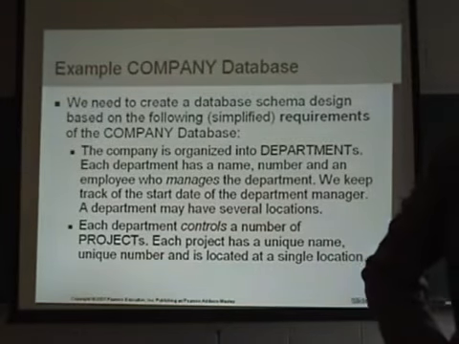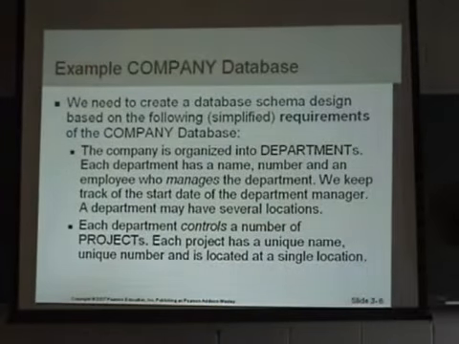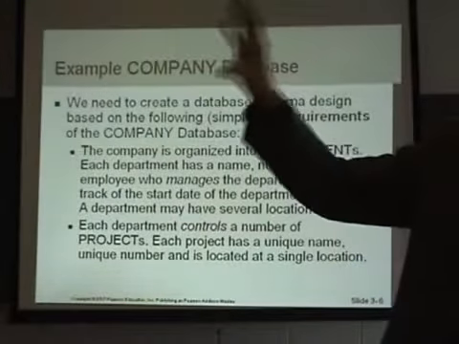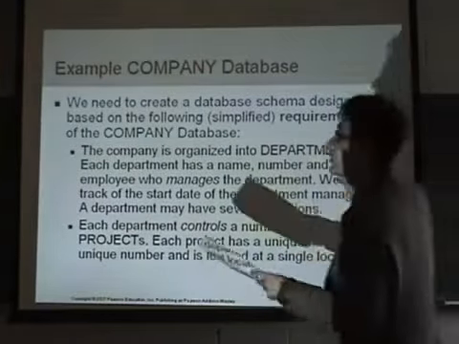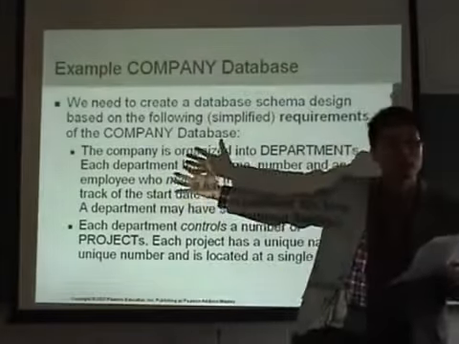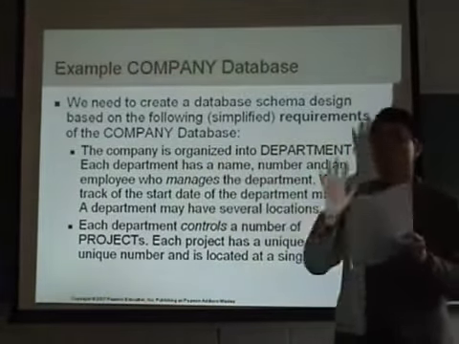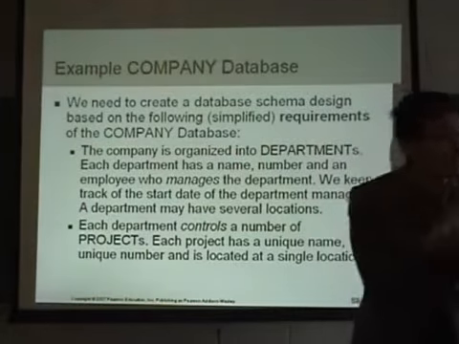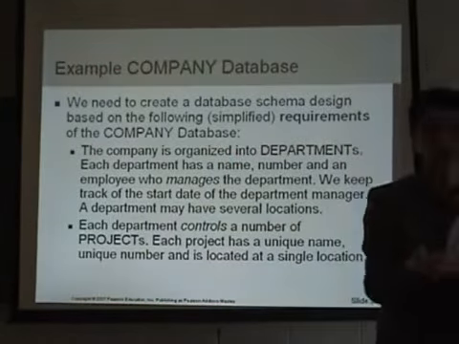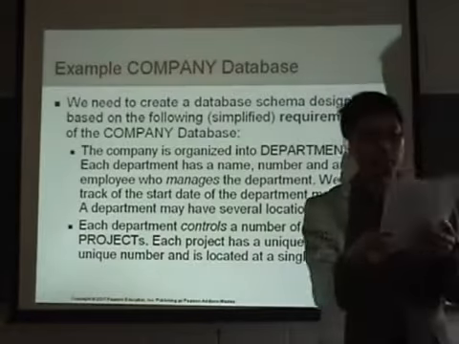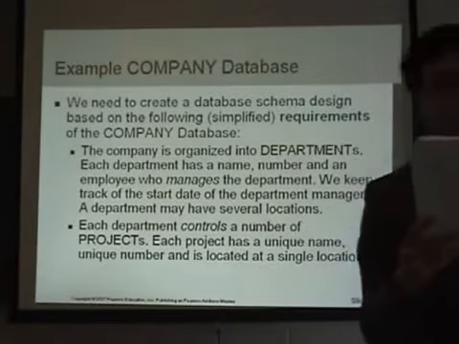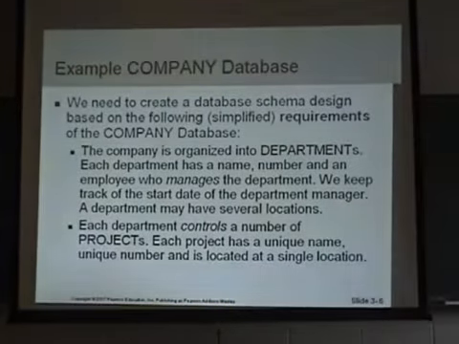It's a description. It's a requirement of your company database. Actually, I removed all the requirements related to functional analysis or application design to make the database design clear. So it's only for the database design part. The second requirement is that each department controls a number of projects.